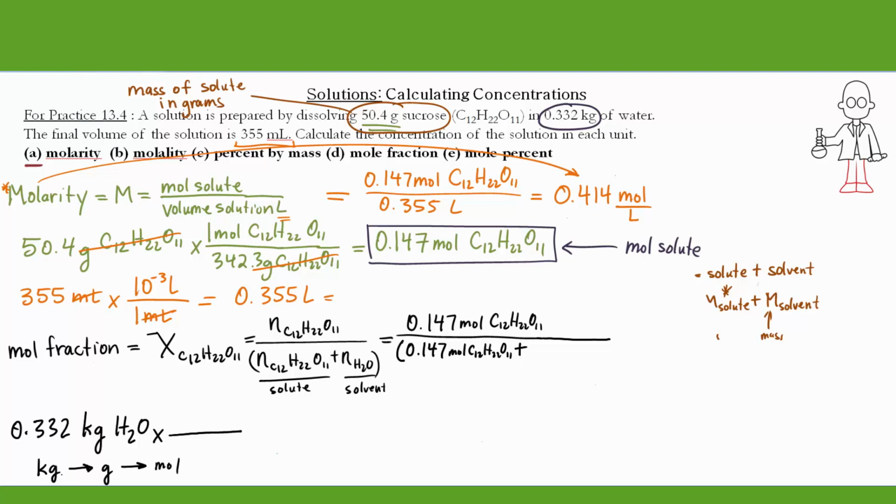So kilograms of H2O, grams of H2O, moles of H2O. So, in 1 kilogram we have 10 to the third grams. Now we're in the unit of grams of water. So we need to go from grams to moles, and 1 mole of H2O, you have 18.02 grams of H2O.